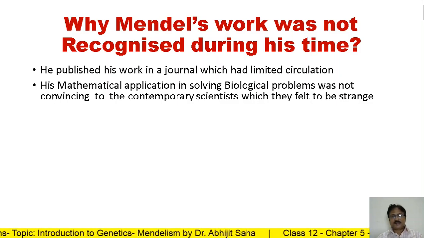Mendel was quite ahead of his time, actually. Since he studied maths and natural history, he could apply statistical knowledge in solving biological problems. But this was far ahead of the contemporary scientists, and so they were not able to understand this, and they felt, what is the role of mathematics or statistics in biology? So they couldn't relate this.